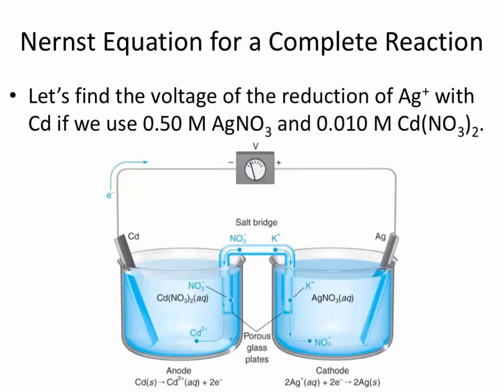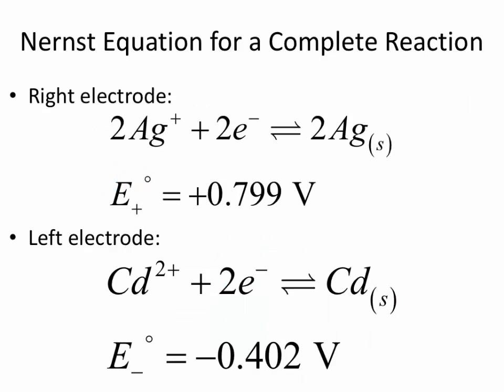Now, let's find the voltage of the reduction of silver ions with cadmium if we use 0.5 molar silver nitrate and 0.1 molar cadmium nitrate. The right electrode is then our silver ions gaining electrons to give us solid silver, and we know that the E0 there is plus 0.799 volts, and this is then going to be our E0 plus.